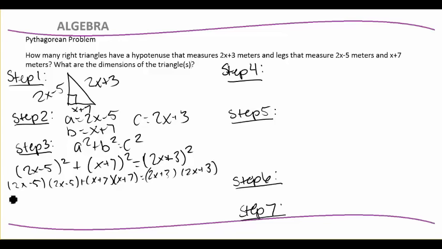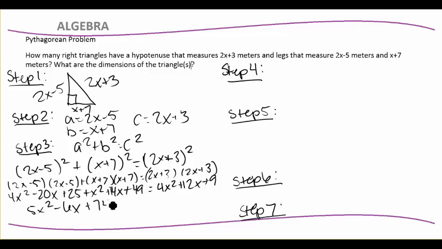We're going to get 4x squared minus 20x plus 25 plus x squared plus 14x plus 49 equals 4x squared plus 12x plus 9. And let's combine like terms. We'll get 5x squared minus 6x plus 74 equals 4x squared plus 12x plus 9.